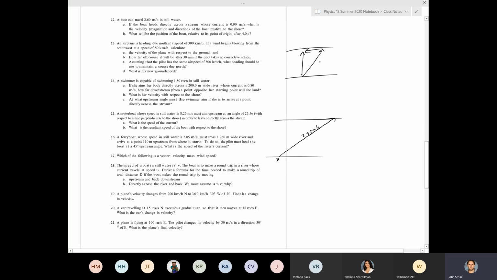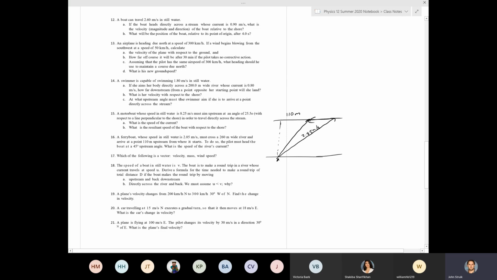So the boat speed plus the river speed is where it ends up. In this case, it lands there, and that distance is 110 meters upstream from where it started.